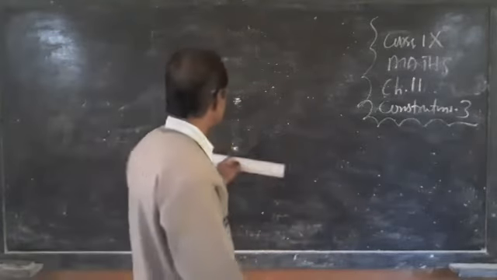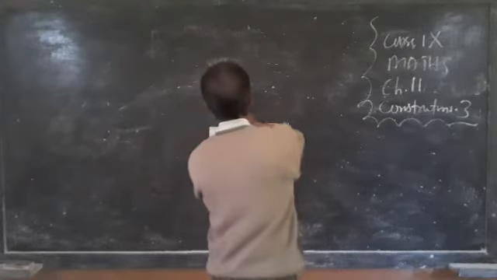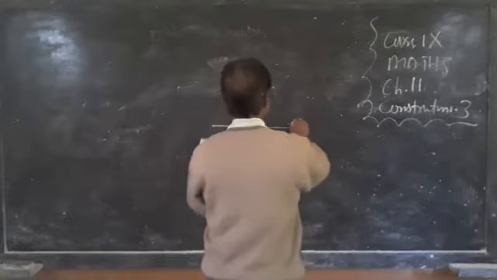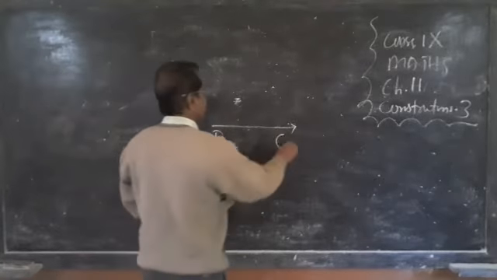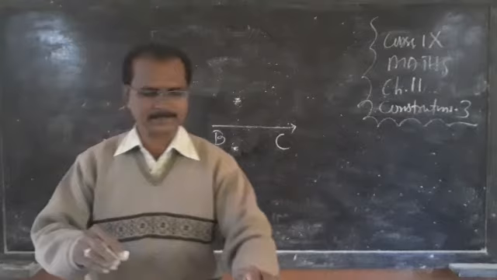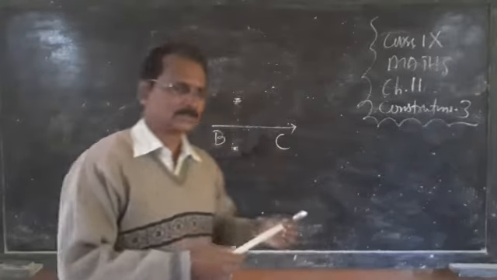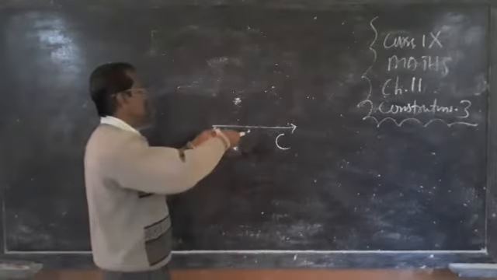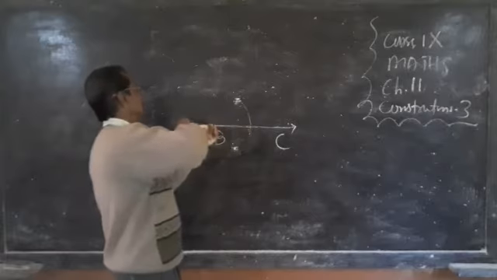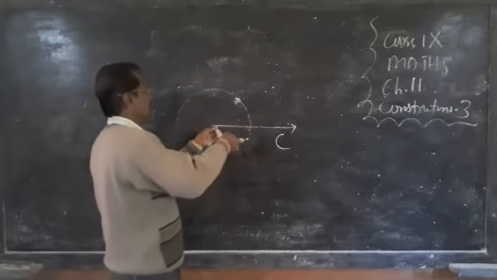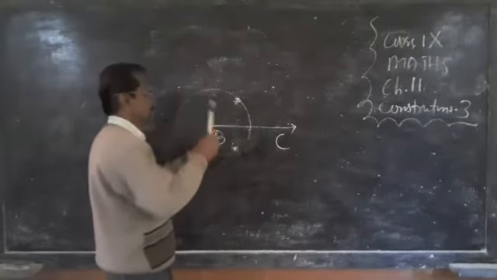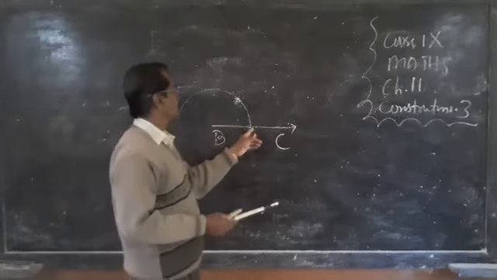So for 90 degrees, first construct ray BC. With center C, taking any radius, draw an arc, and it will intersect BC at one point.